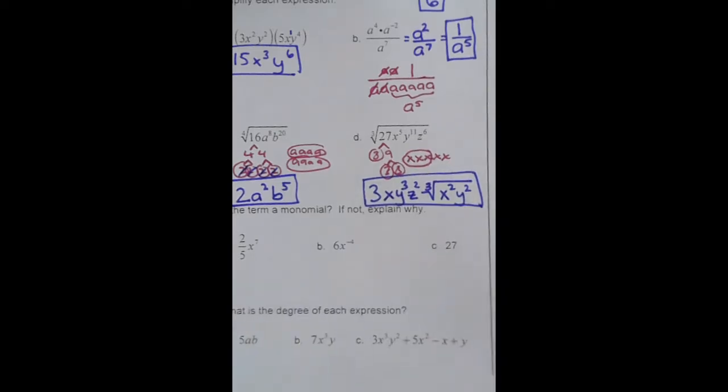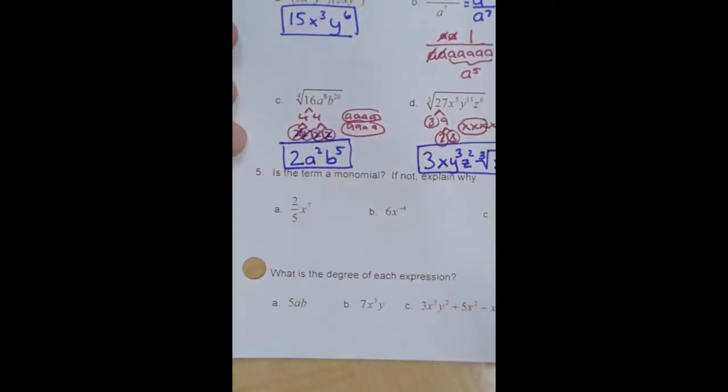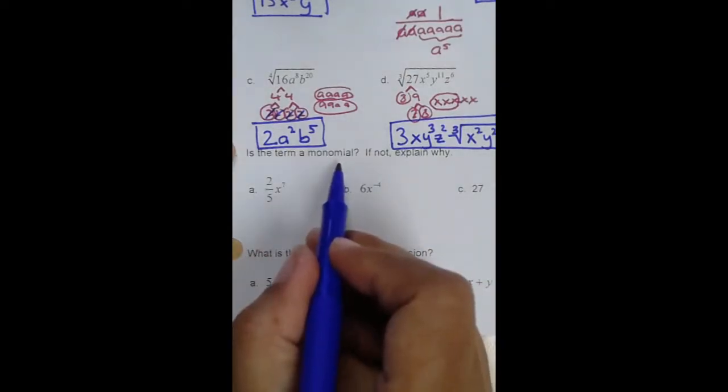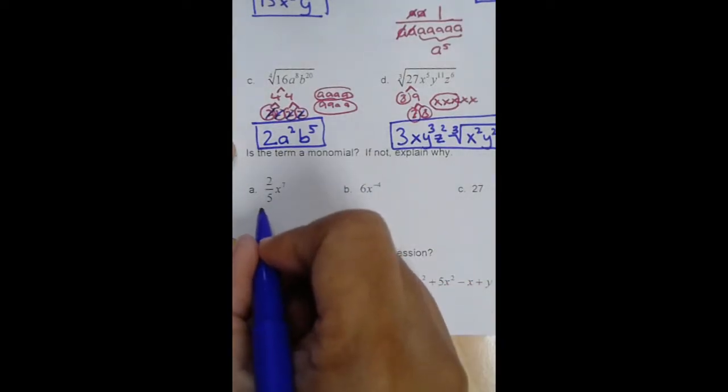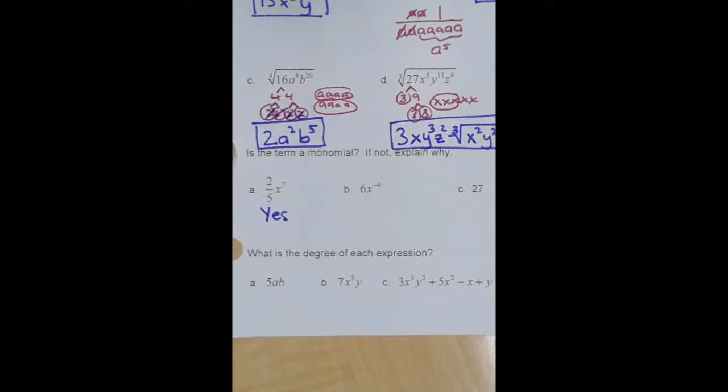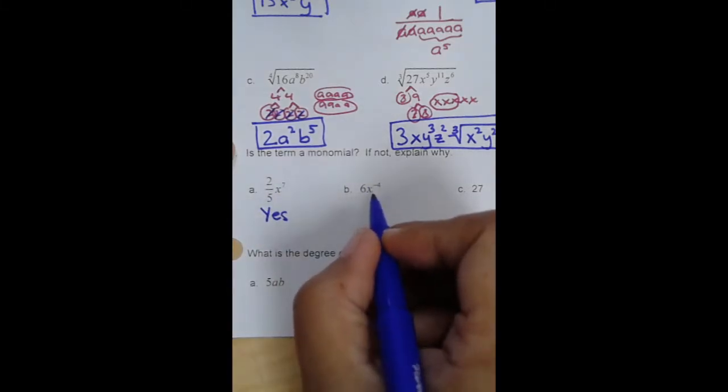All right, is the term a monomial? If not, explain why. Let's see. Is this term a monomial? Yes, it is. It's one term with a whole number exponent. All right, how about this one? Oh, see that negative right there?